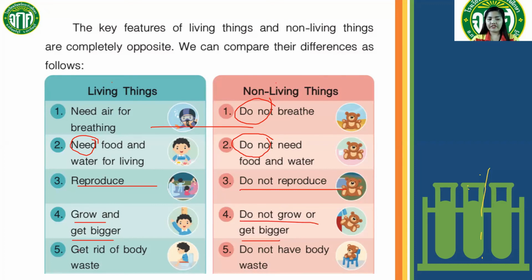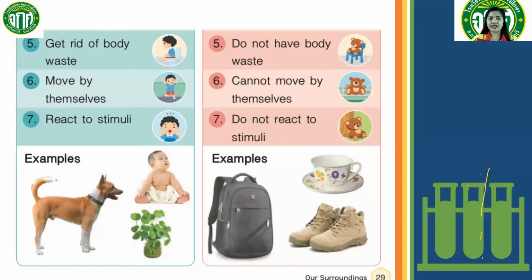Next, number five, get rid of body waste, while non-living things do not have body waste. Next, number six, move by themselves. The living things can move by themselves, while the non-living things cannot move by themselves.